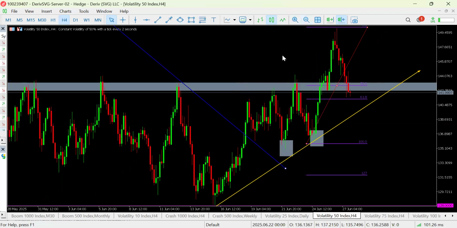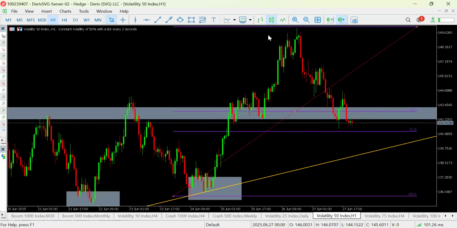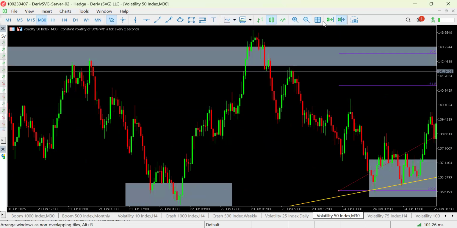To push this point further, what are some of the things we should look out for in this zone? First of all, once I start seeing green candles, it's a strong indication that buyers are trying to take full control of this market. So in that case, what will I do? I'll go to the H1 time frame and then probably further to the M30.